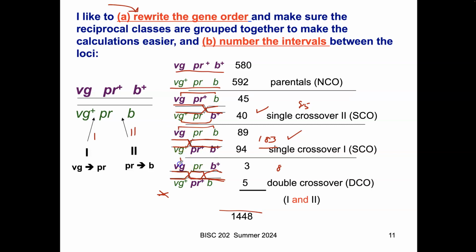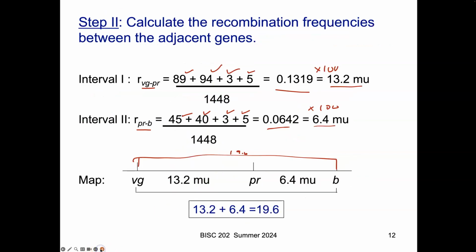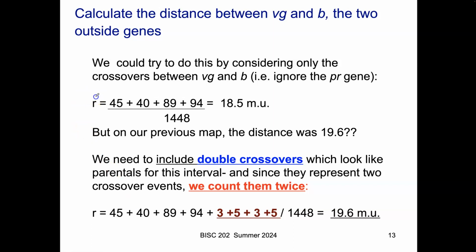But if we just look at vestigial and black, we wouldn't include these guys in our calculations, but in fact, we should include them twice because there have been 2 crossovers. So each of these individuals counts as 2 crossovers. If we did the calculation by only looking at the 2 outside genes, vestigial and black, ignoring the purple gene, we would get this distance, and it would be underestimated.